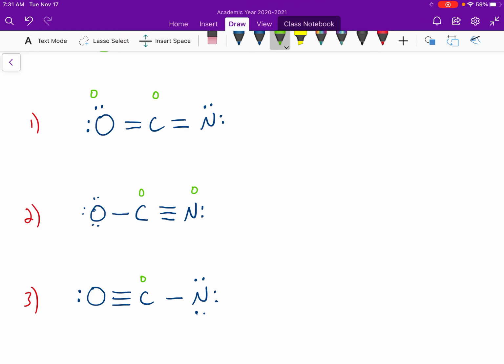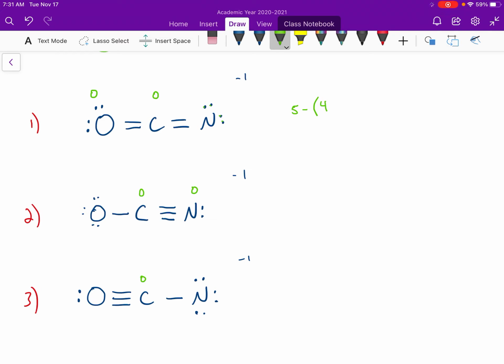Okay? And so we're going to have to figure out which of these options is best, because technically these all have a -1 overall charge, right? So our formal charge has to be -1 overall. Let's prove it, okay? Let's calculate the formal charge of the nitrogen in the first option. Nitrogen's valence is 5. We're going to subtract the 4 electrons it has non-bonding, the 1, 2, 3, 4.